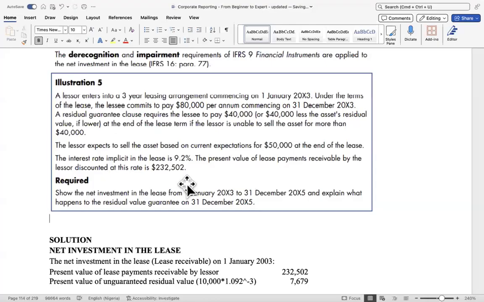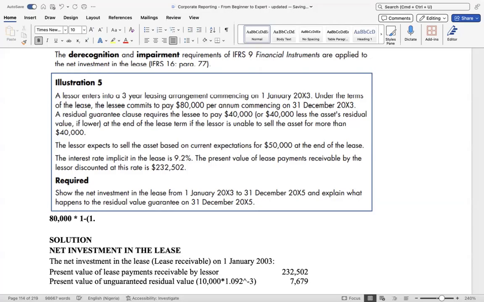I've taught you already that it is going to be the 80,000, which is the annual amount, multiplied by our annuity factor. And our annuity factor is 1 minus 1 plus r, raised to power minus n, divided by r.